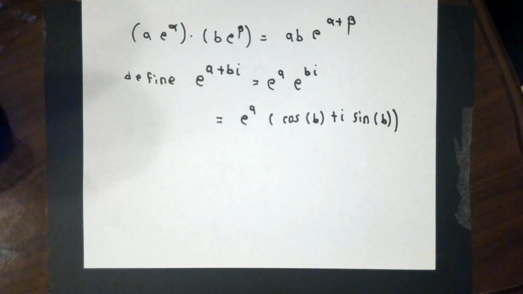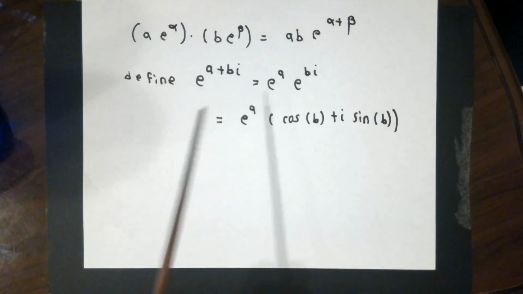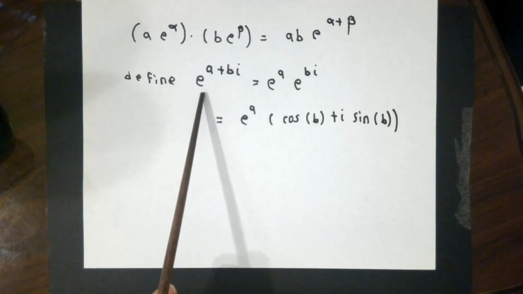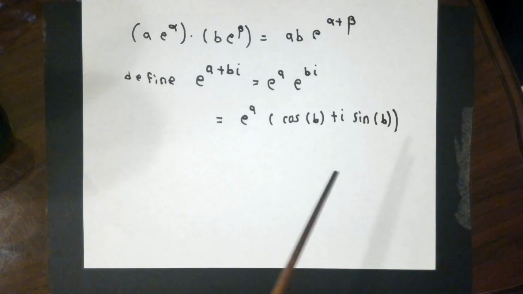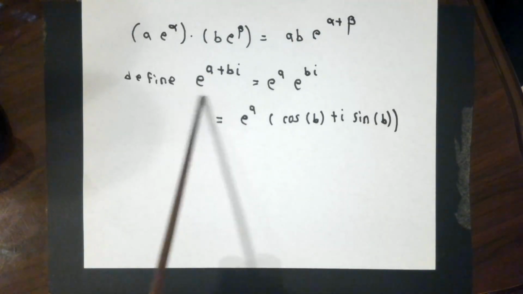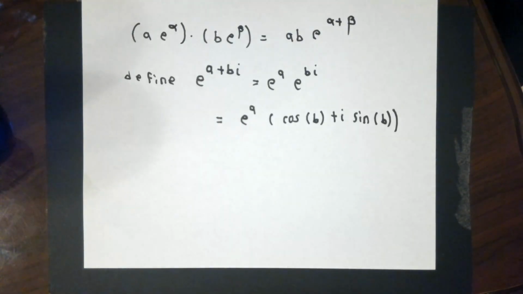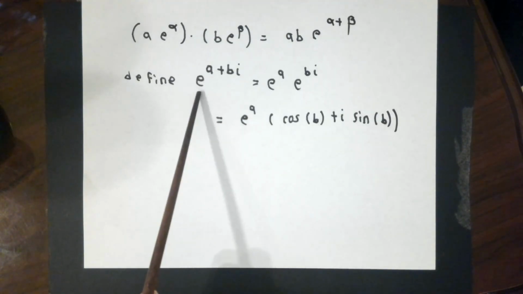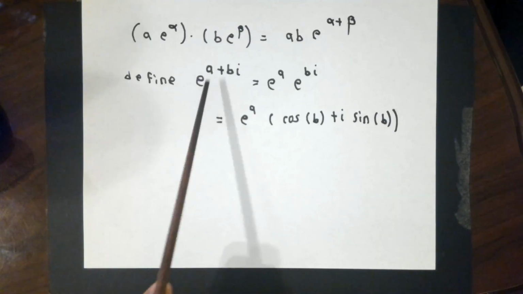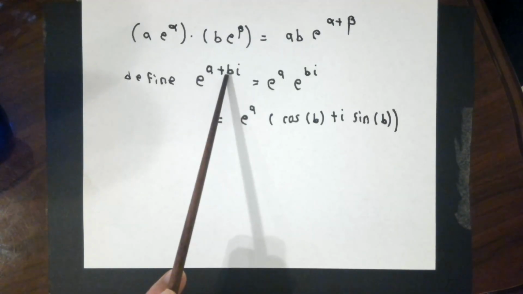I'm going to define a symbol. This symbol is going to have an e in it, which, in view of our comment just a moment ago, I shouldn't take too seriously. I do not know that this represents 2.71 some odd at this moment, but I'm going to define the symbol e raised to the a plus bi power to be the following thing.